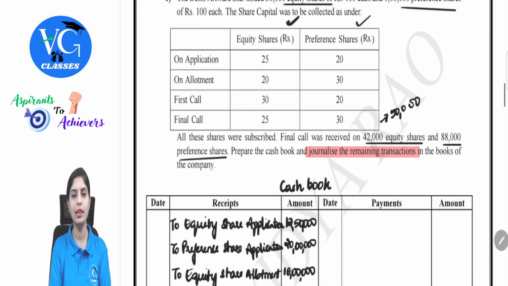Next, till first call there was no problem. So first call also we will have to make due. What is the due entry? Equity share first call account debit to equity share capital. For preference, preference share first call account debit to preference share capital.